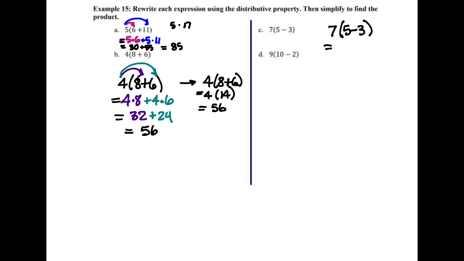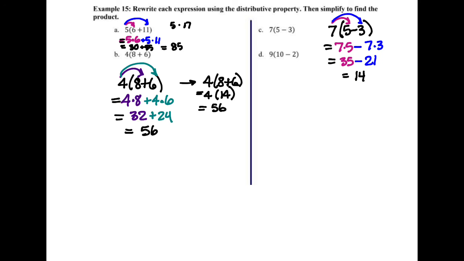Alright, so this is going to be equal to 7 times 5 and subtracting 7 times 3. So 7 times 5 is 35, and 7 times 3 is 21, and this time we're subtracting. Okay, and those are still equal. So 35 minus 21 is 14.